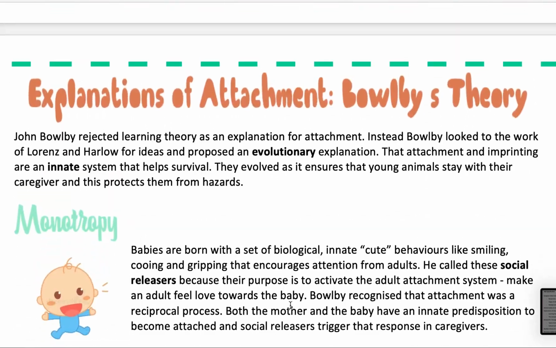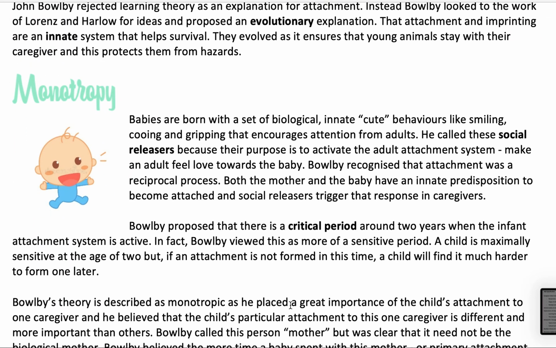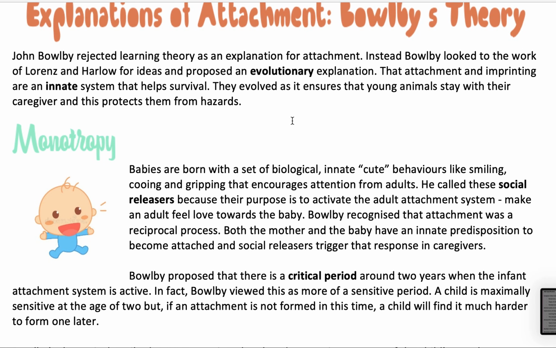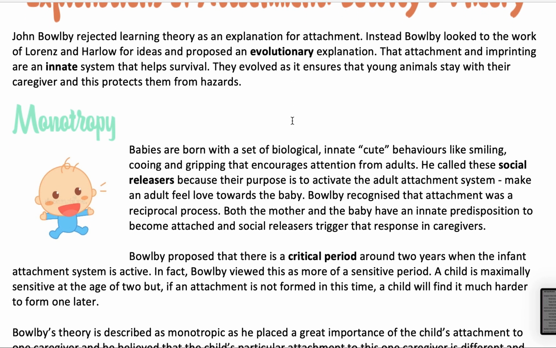So in terms of putting this all together, you're basically saying that it's evolutionary, it's a survival mechanism, it's biological, and that can be demonstrated in this idea that babies have social releases. So that is a biological process that activates the adult attachment system.